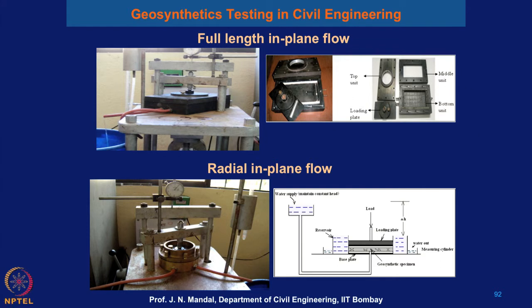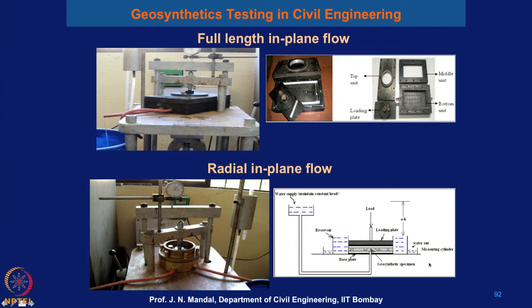On the other hand, you can also determine the transmittivity of the geosynthetic using the radial in-plane flow. So, from the center the water is passing radially.